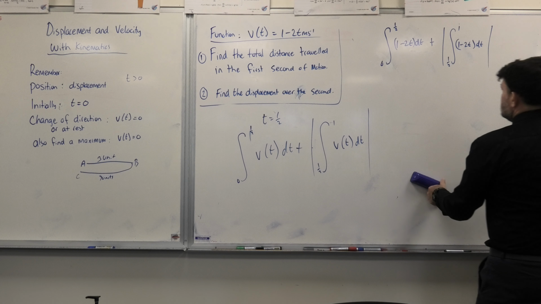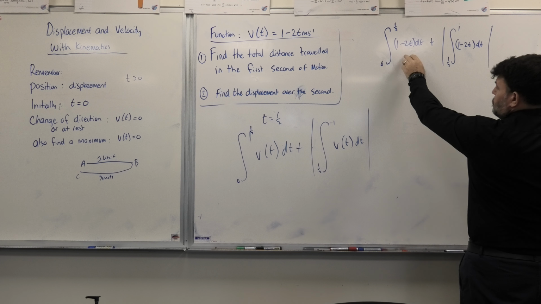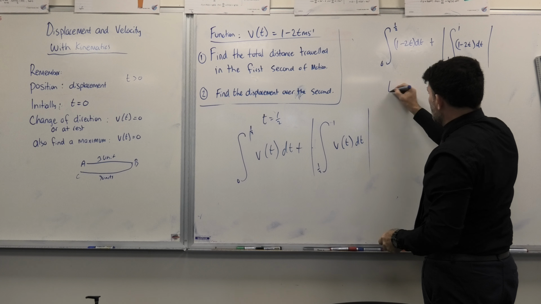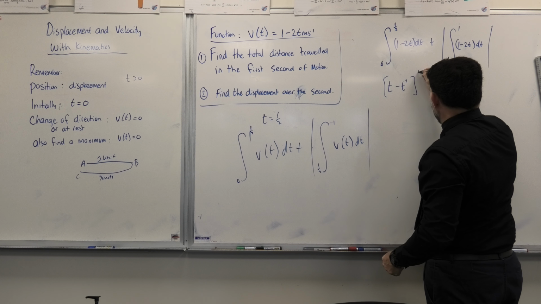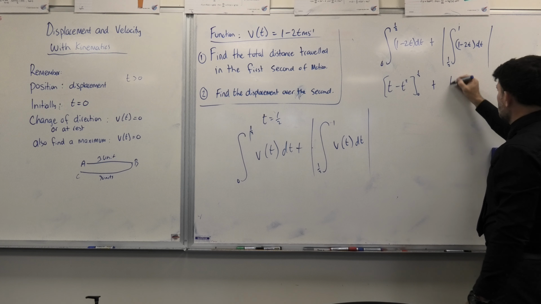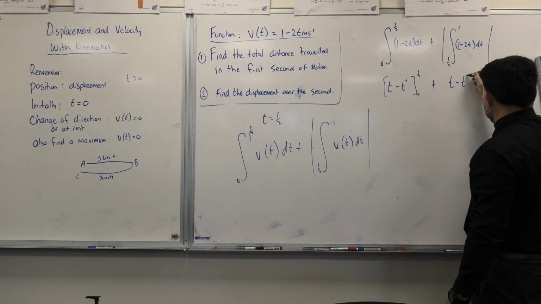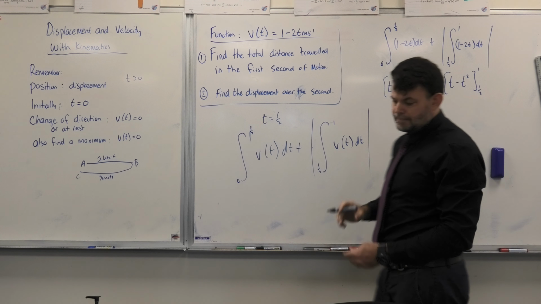What's good about this is you integrate one, and the other side's going to be exactly the same. We've already integrated this, so we know we're going to have t minus t squared, 1/2 to 0, plus t minus t squared, 1 to 1/2.